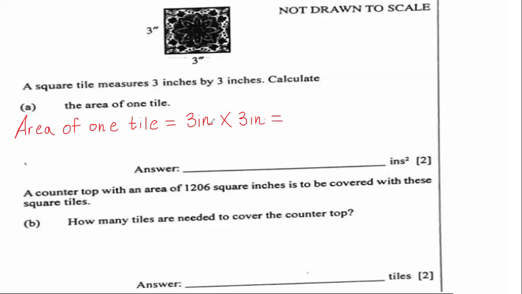And what is 3 inches multiplied by 3 inches? That's going to be what? 9 inches squared. And so that means that the area of this one tile is going to be 9 inches squared because we're just doing length times width. Oh, I forgot to put that A. Length times width. All right, do we understand that? Let me know if y'all understand that.